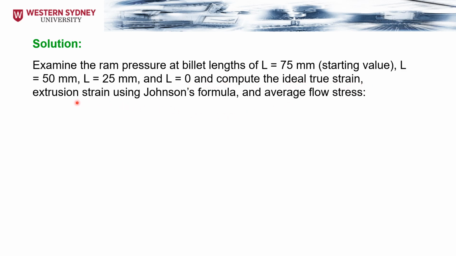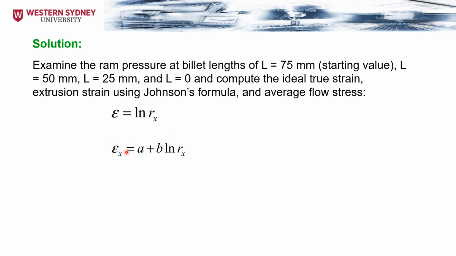The extrusion strain using the Johnson formula and the average flow stress can be calculated as follows. The ideal true strain is going to be given as ln of the Rx. The Rx is given as 4, so the strain is going to be equal to ln of 4.